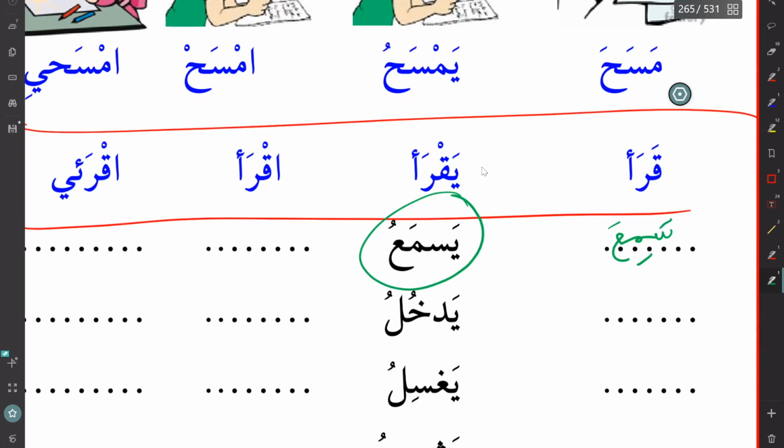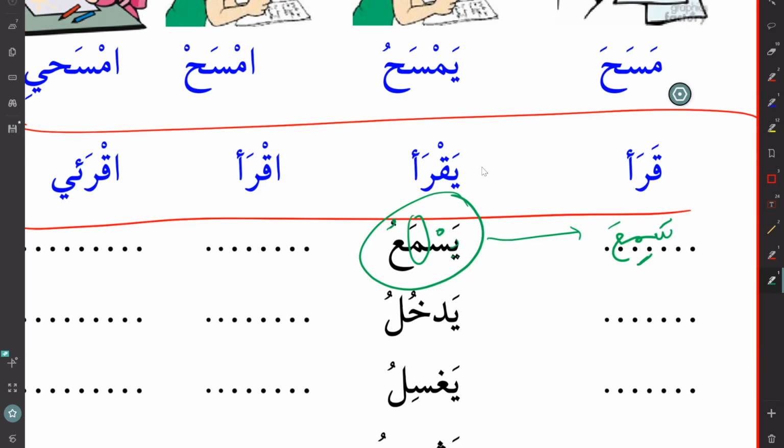Now how do I know that? So here in the present tense we have yasma'u. And how do I know to put kasra in the meme in the past tense? Who can tell me? Because everything else has a pattern, right? You have the mudare, harful mudare, then you will have a sukun, and the ending will have a dhamma.